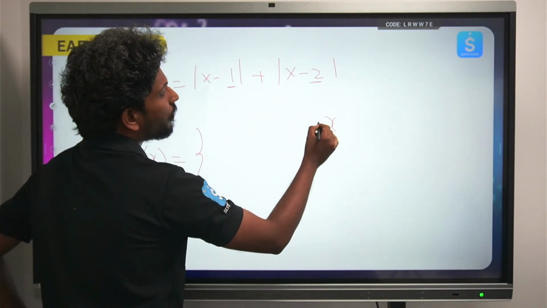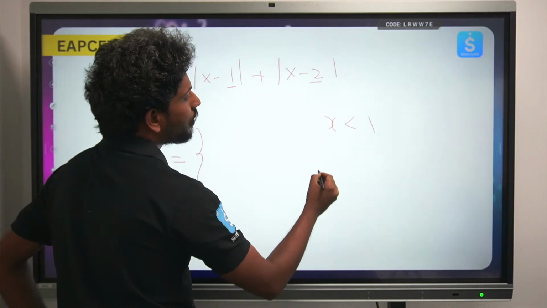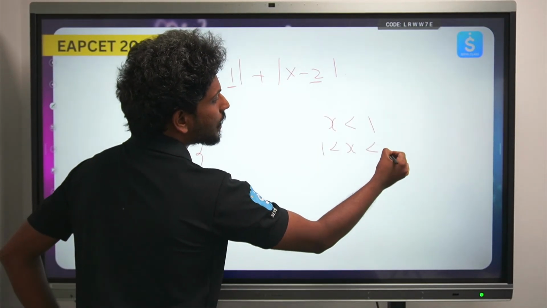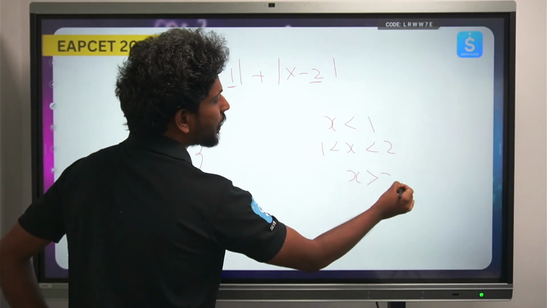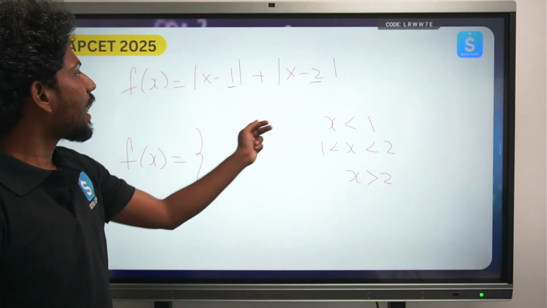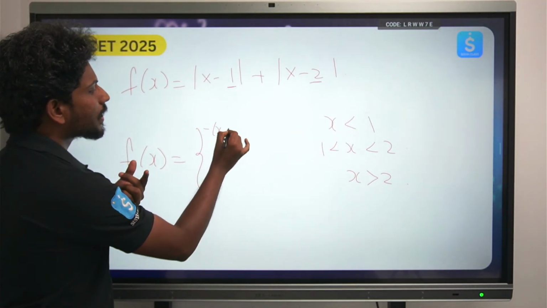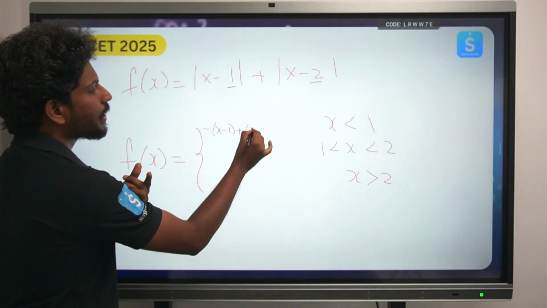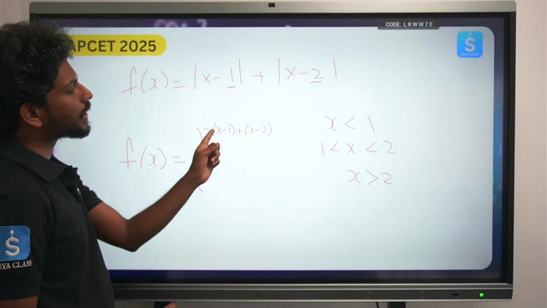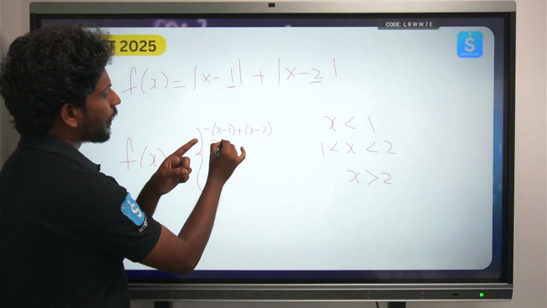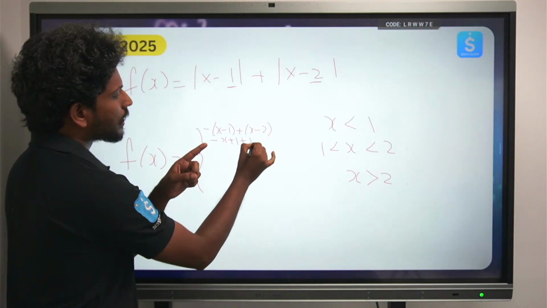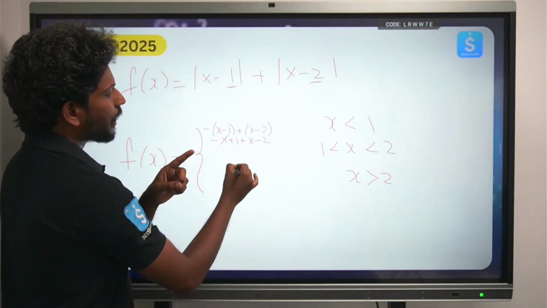So for the values of x less than 1, 1 less than x less than 2, and for the values of x greater than 2. When x is less than 1, this will become minus of x minus 1 plus x minus 2, so minus x plus 1 plus x minus 2. So you can cancel minus x plus x.